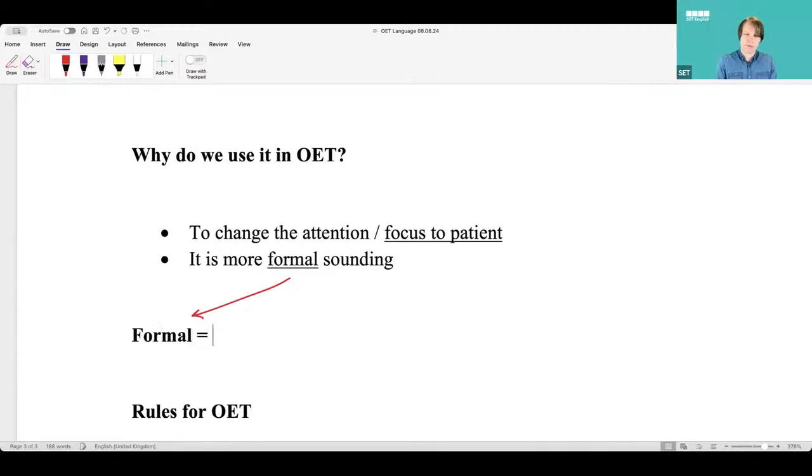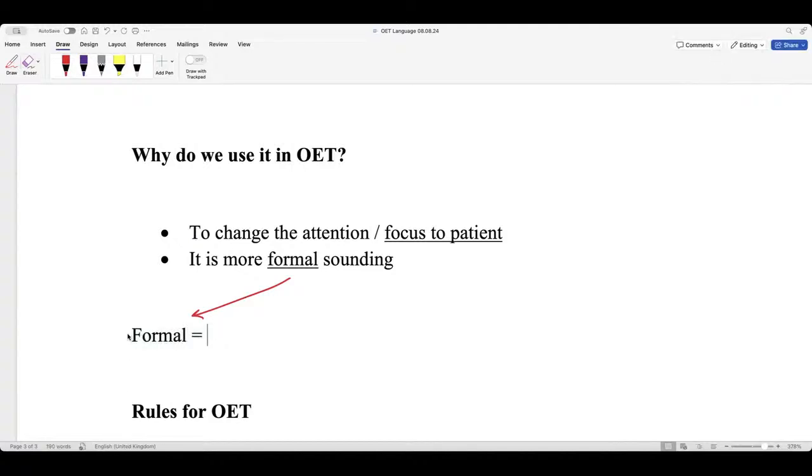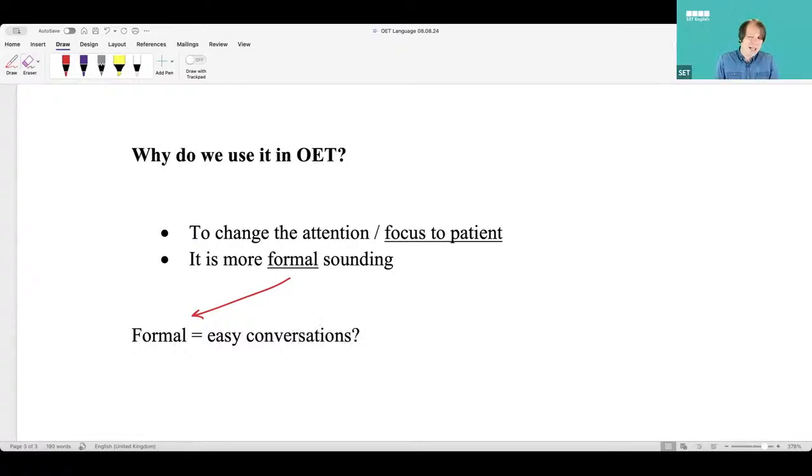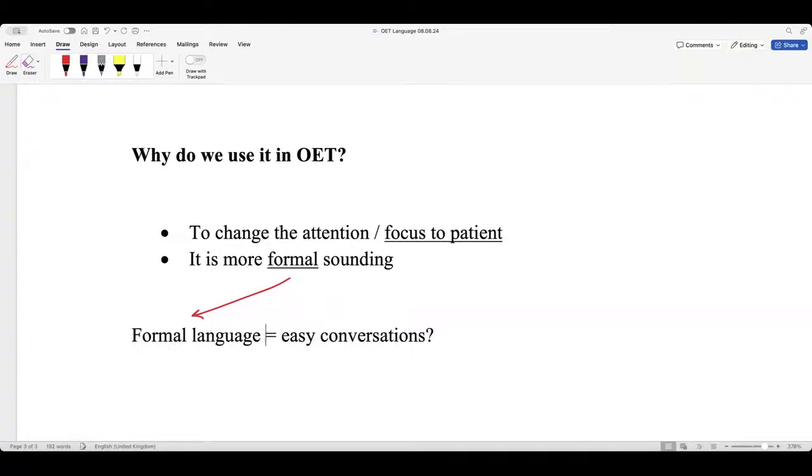Formal is more like having easy conversations with the patients. Is that right, guys? It's a nice try, but not quite actually. What does formal mean, guys? Formal language. We say official. Professional. Official. Professional tone.